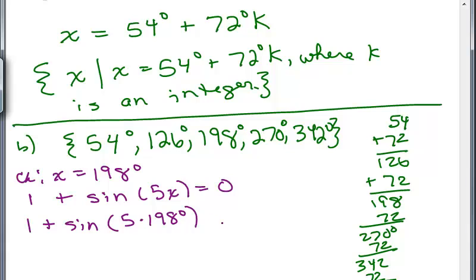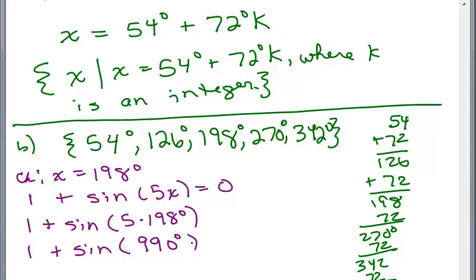You could put this all into your calculator, or you could first multiply 5 times 198 degrees, which is 990 degrees. That's up to you. Now you could take your calculator, compute the sine of 990 degrees, add 1 to it, and see what you get. Get out your calculator, put it into degree mode, and do the computation.